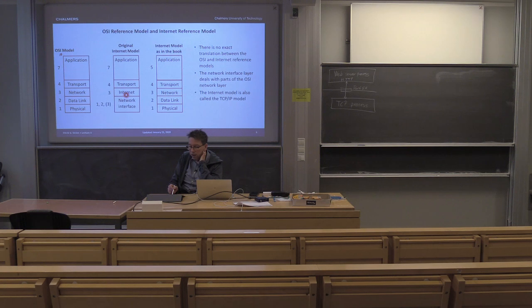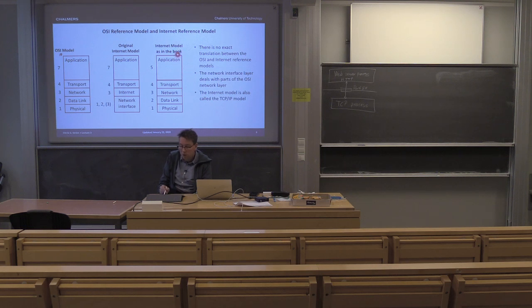The internet layer in this model has some of the functionality of the network layer in the OSI, but not all of it. And the network interface layer contains functionality from layers 1 and 2 of the OSI model and parts of 3. Okay. So it's a little bit messy here. You cannot really translate the layers one by one like this.